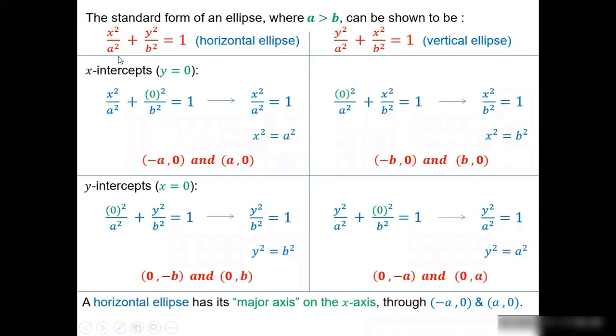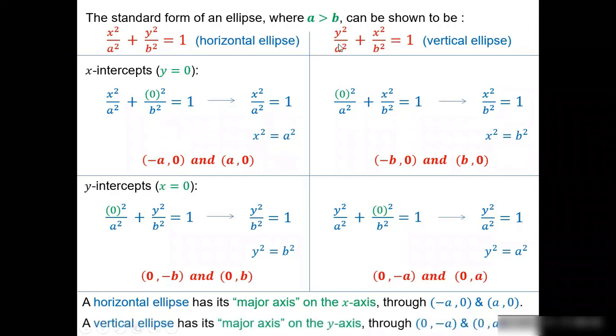The reason for that is if the larger number is a, then it's going to spread more in the x direction, and therefore the longer of the two axes is going to be horizontal. While for a vertical ellipse, a is the larger number, so it's going to spread more in the vertical direction, and therefore we say that the major axis is on the y-axis.